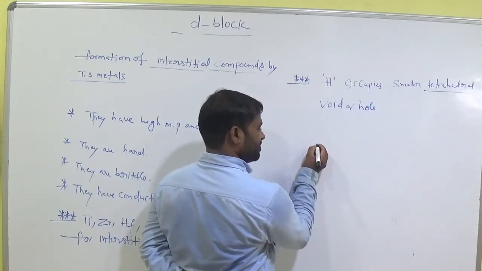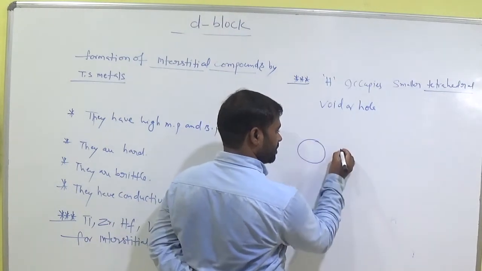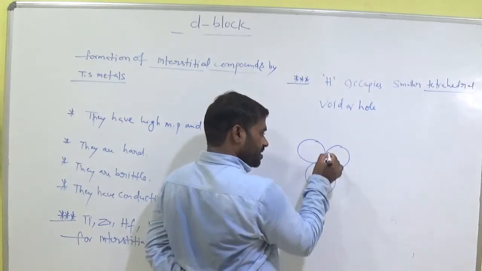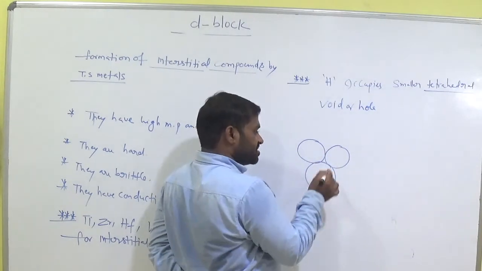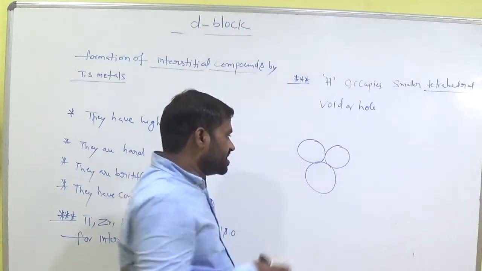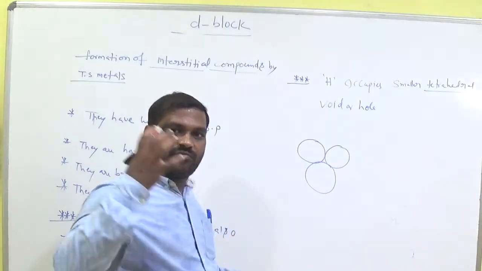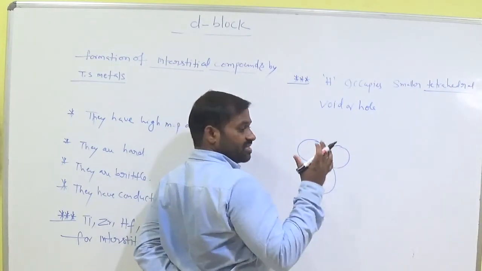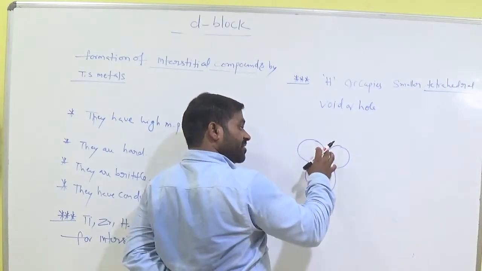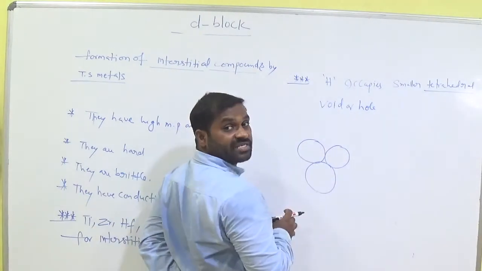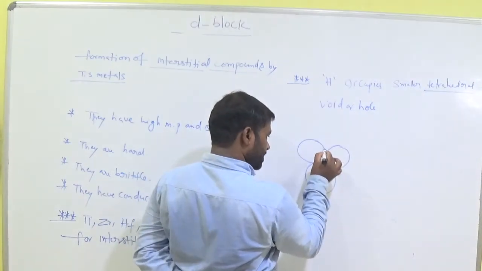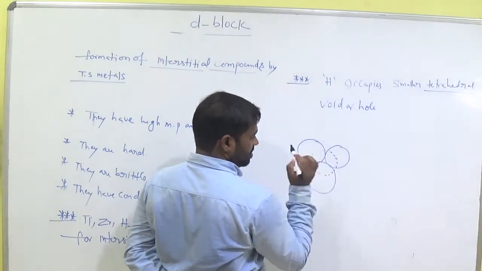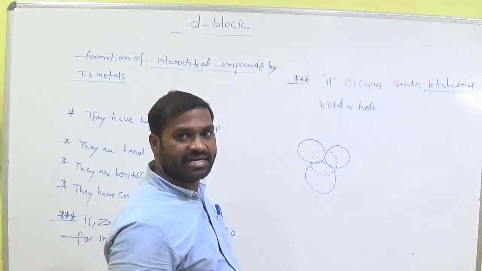Tetrahedral means, okay, these are the three atoms. Now suppose these are the three balls, we can arrange like this, and now the fourth ball is kept on the surface of these three balls. This is the fourth ball. This arrangement is called tetrahedral arrangement.